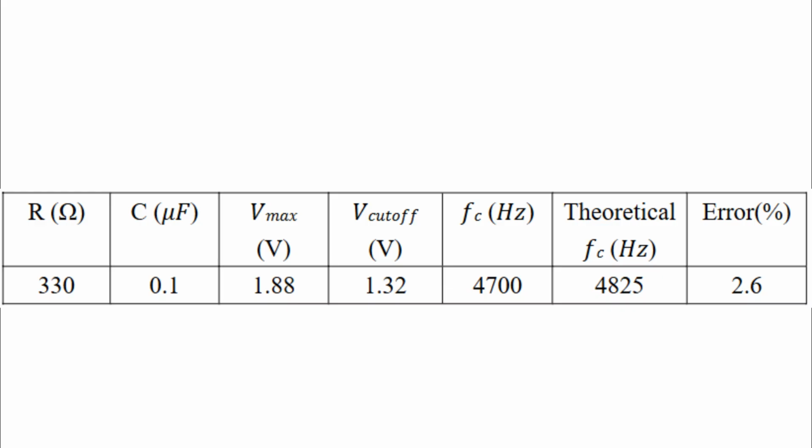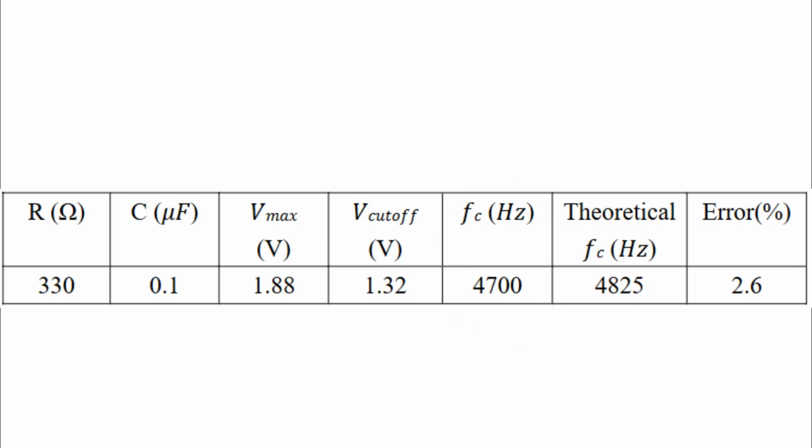The maximum output voltage measured in this experiment was 1.88 volts. At the cutoff frequency, the output voltage dropped to approximately 1.32 volts, which is close to 77% of the maximum value. Based on this criterion, the experimentally determined cutoff frequency was approximately 4,700 Hz.